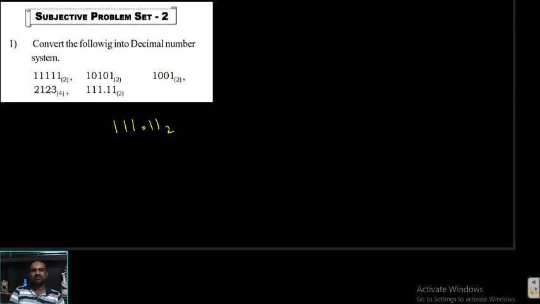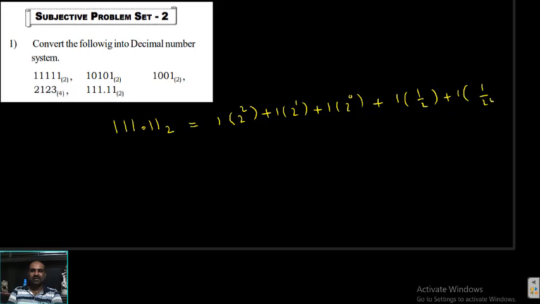The problem is 111.11 base 2 to base 10. So what we should do? We need to use the base representation theorem to convert into base 10. 1 into 2 power 2 plus 1 into 2 power 1 plus 1 into 2 power 0 plus 1 into 1 by 2 plus 1 into 1 by 2 square.